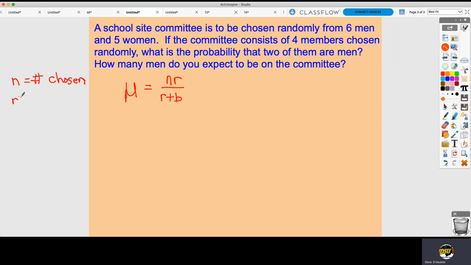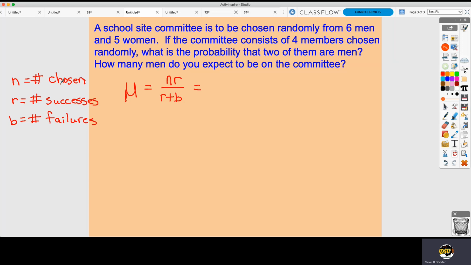Our R would be the number of successes. And then we need our B value, which is the number of, we're going to call it failures in this case. That's all we need for this.